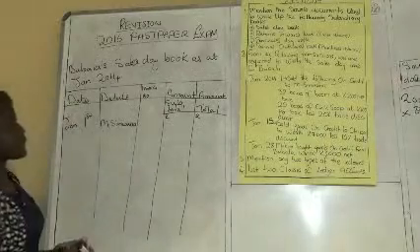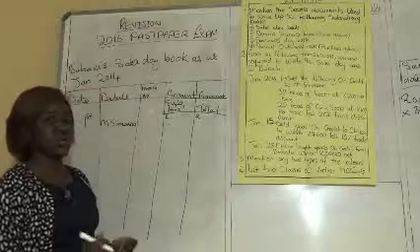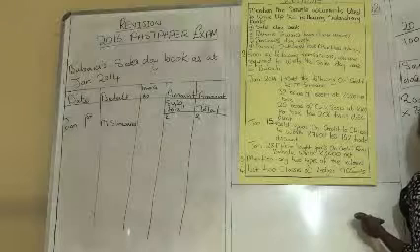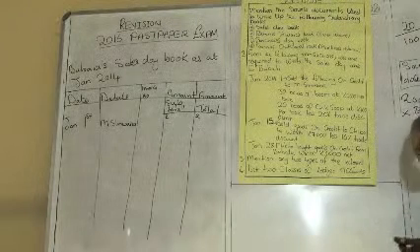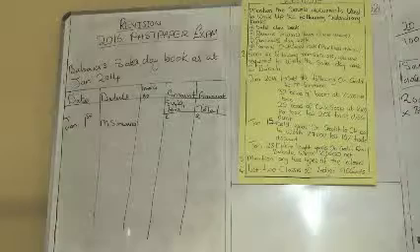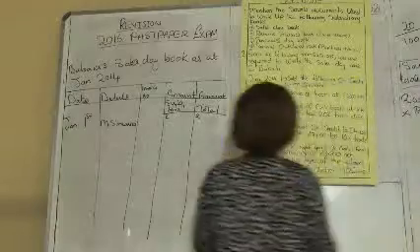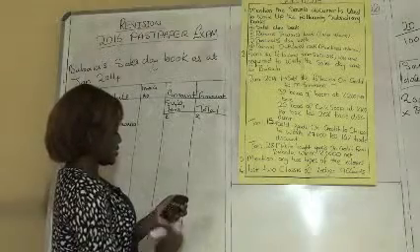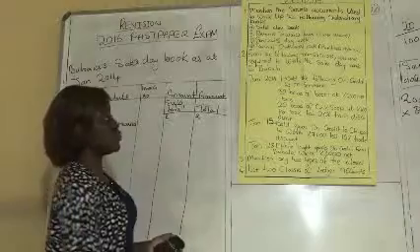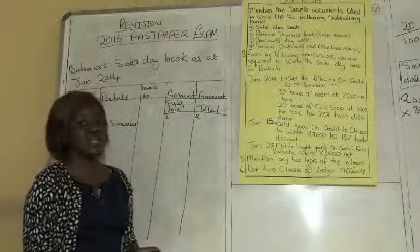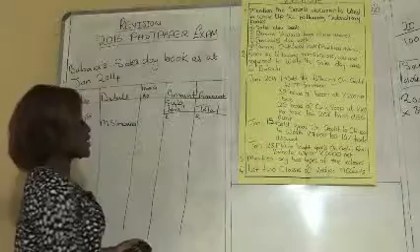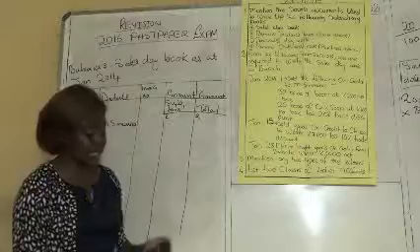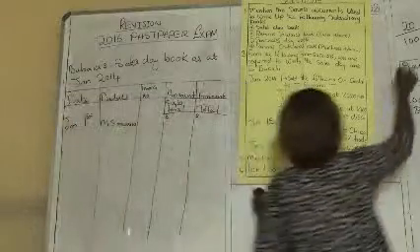200 times 30 is 6,000. So the percent trade discount is the percentage over 100 times the total. 20 over 100 times 6,000, so 1,200 was the deduction. That was the trade discount that Simwaba was given.